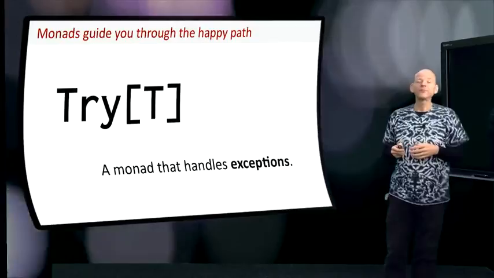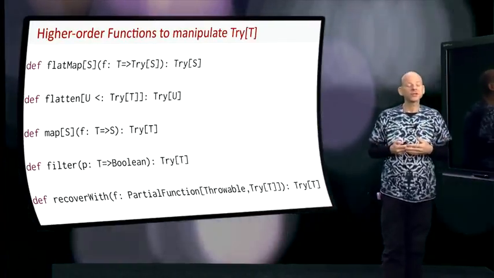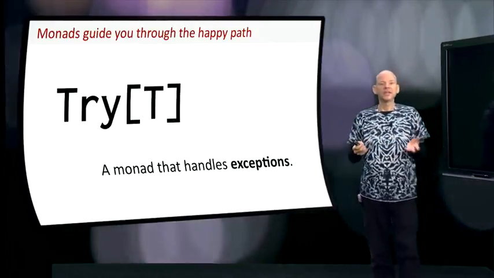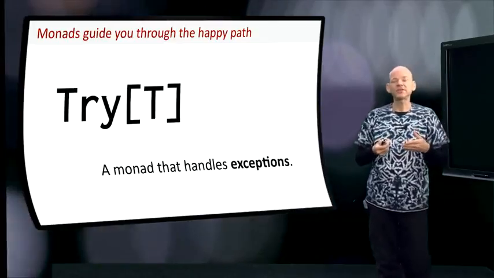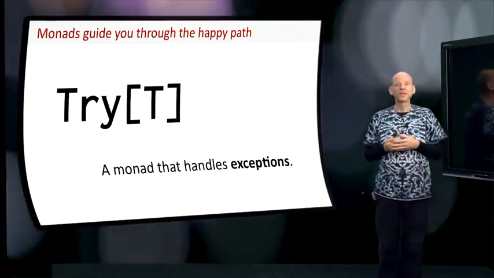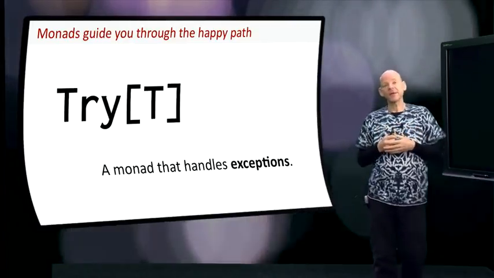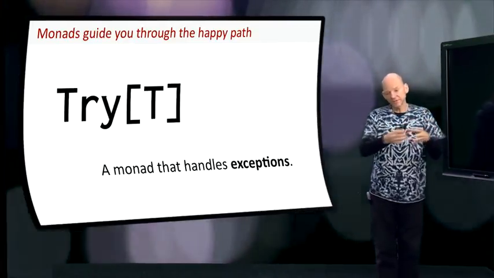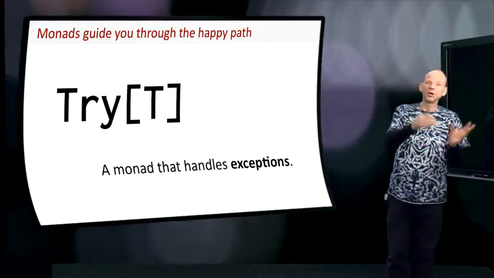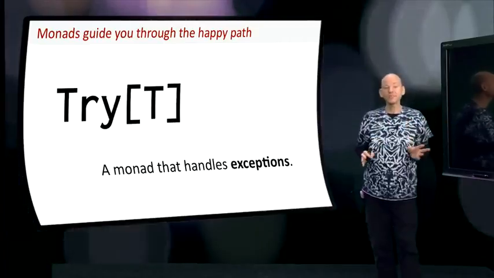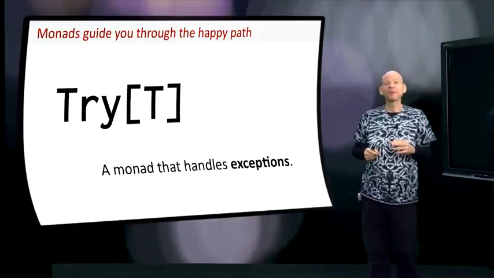But first of all, the fact that we have here flatMap and that we have a constructor for Try means that Try is a monad, and in particular it's a monad that handles exceptions. And the fact that it has a flatMap will guide us through the happy path, because the flatMap takes care of all the pattern matching and propagating exceptions, such that we only have to think about the happy path.